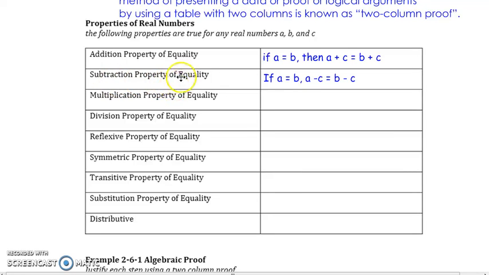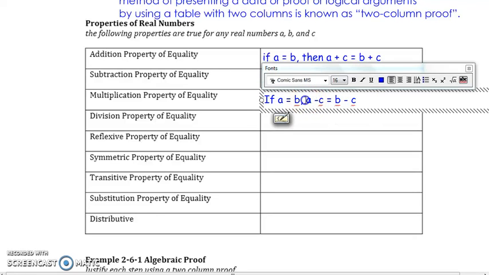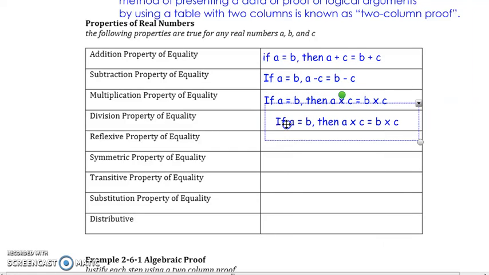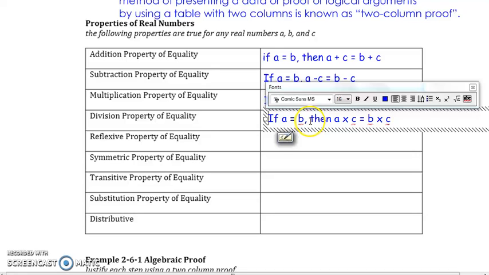We can subtract. We have already done all of these things before when solving problems, we just never had a property to explain them. Then A times C is equal to B times C. Division property: if A equals B and C is not 0, then A divided by C is equal to B divided by C.